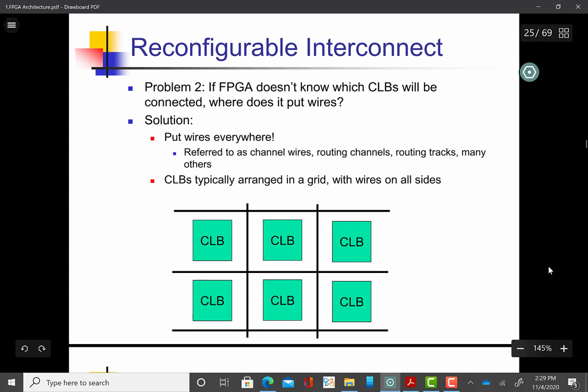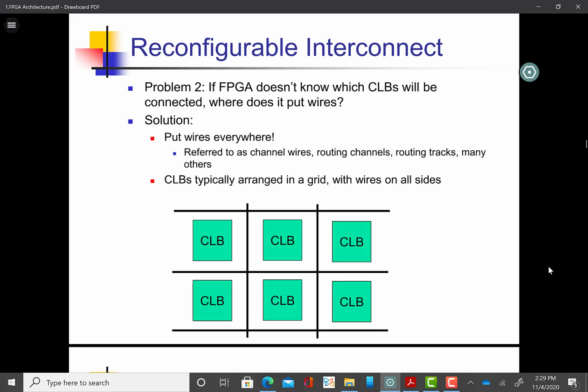So let's dive into some of the specifics. If the FPGA doesn't know which CLBs will be connected, where to put the wires, the only solution is to put the wire everywhere.